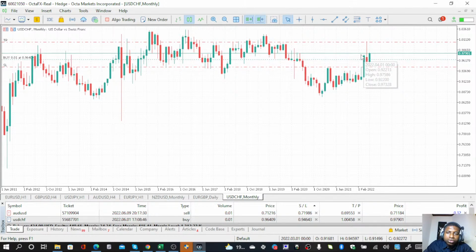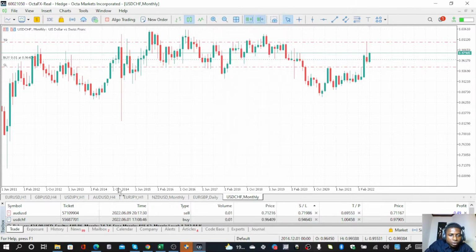When I spotted that candle, I knew the market would reverse to test the previous breakout line. We can see that play out here, and then we were able to place a buy order, which was later triggered.